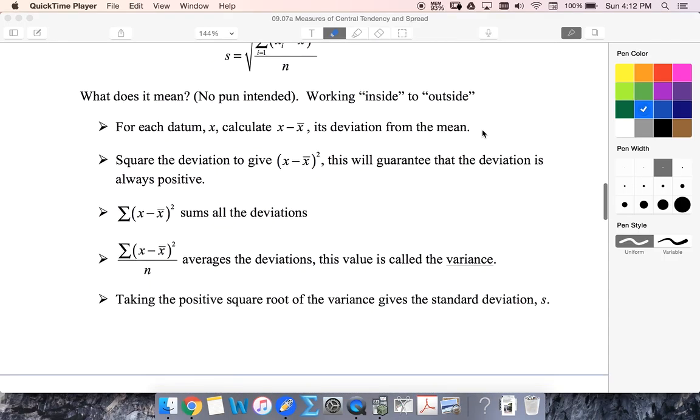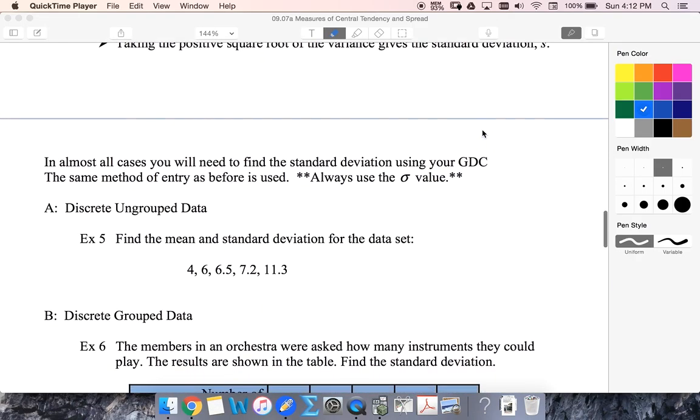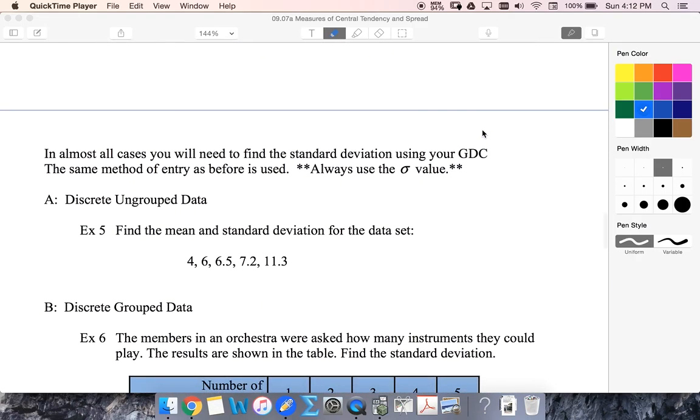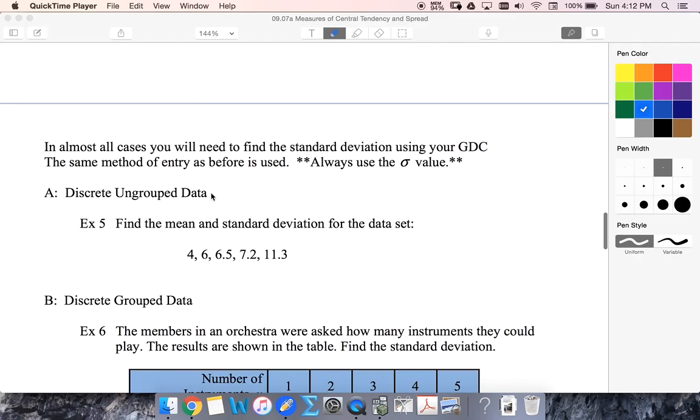And what standard deviation tells us is that if a data set is normally distributed, then about 64% of data points are one standard deviation away from the mean.